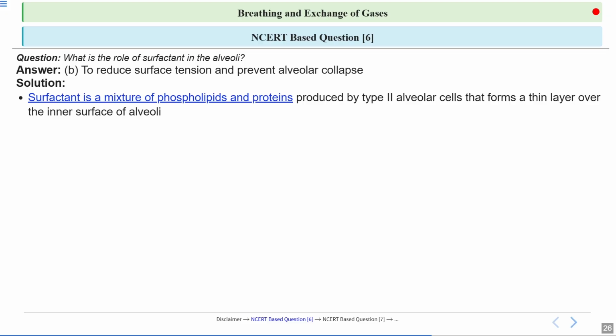And what type of cells produce them? Type 2 alveolar cells. What are these? Type 2 alveolar cells are also known as type 2 pneumocytes, a type of cell found in the lungs. They are crucial for maintaining lung health due to their diverse functions, including surfactant production, right?